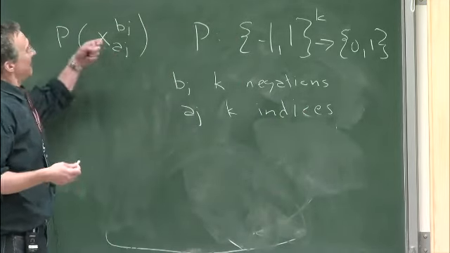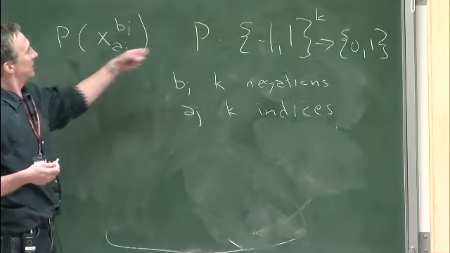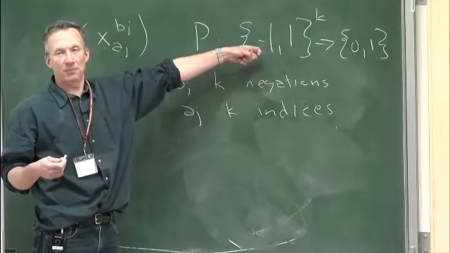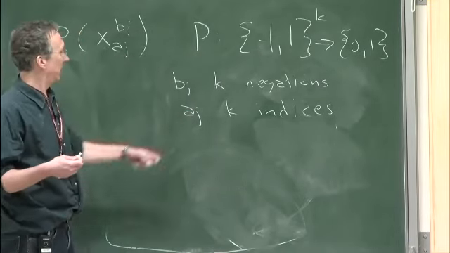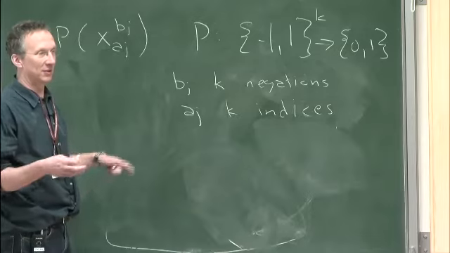Yeah, so a condition like this, I'll write like this. P is a k-arity predicate. I have k negations, which you see on the board over there. I have k indices, which are the indices.